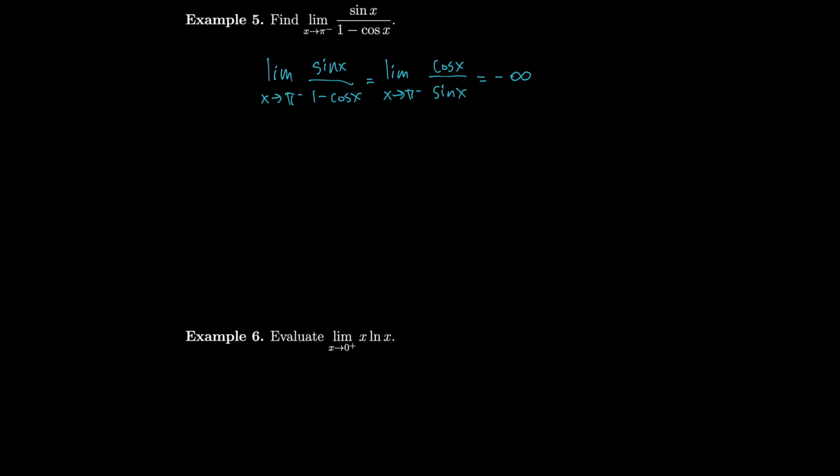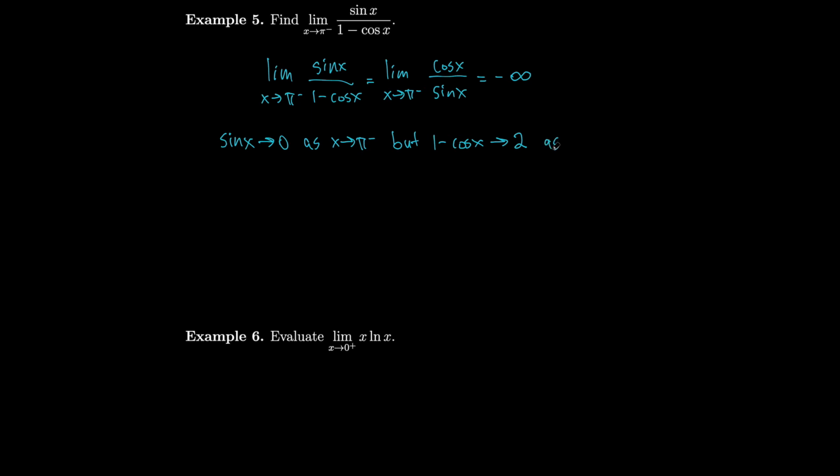We just used L'Hopital's rule, but we didn't check our limits. So if we do that, we see that sine of x definitely goes to 0 as x approaches pi from the left, but 1 minus cosine x approaches, well, cosine of pi is minus 1, so this is 1 minus minus 1, which is 2.